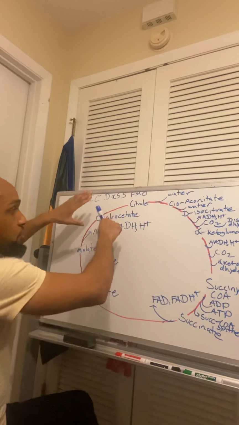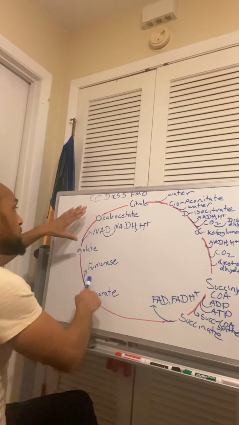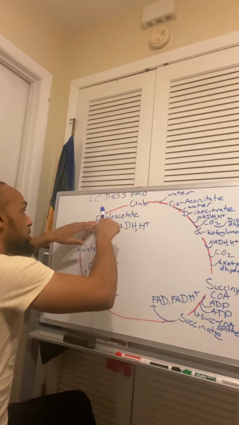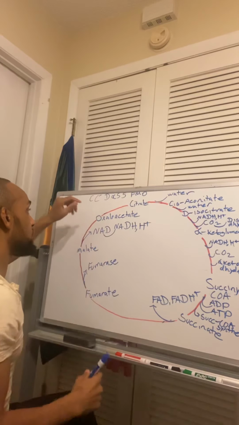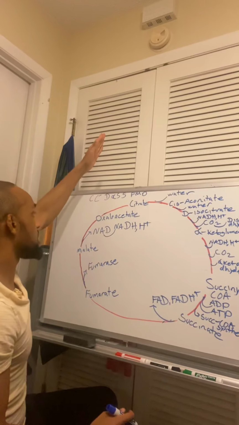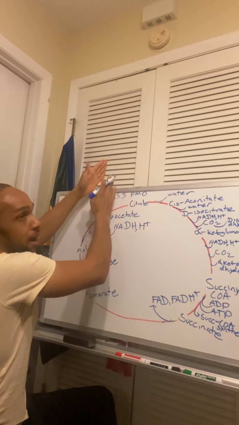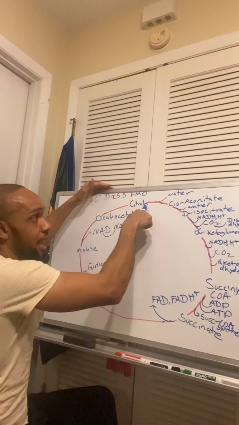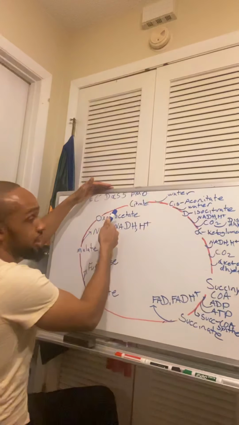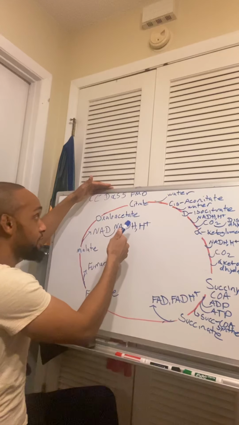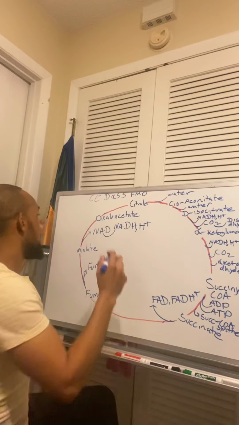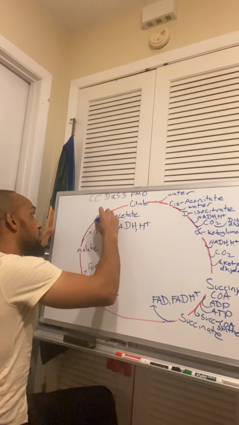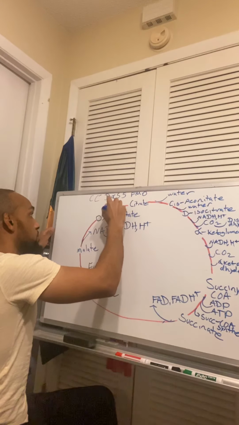If you remember, we lost 2 carbons here. So we come back full circle to a 4-carbon oxaloacetate. And this is the substance that combines with acetyl-CoA to make citric acid. And it just brings us full circle just like that. And then after oxaloacetate is formed, the final product here is water.